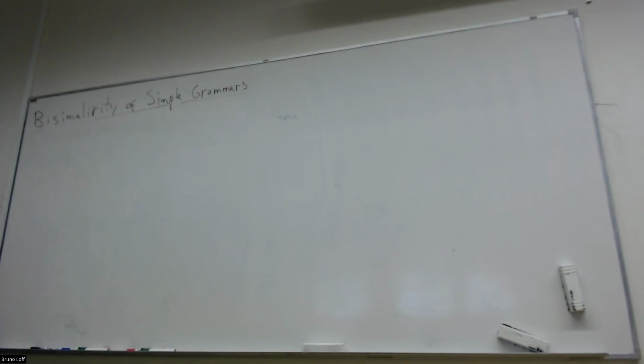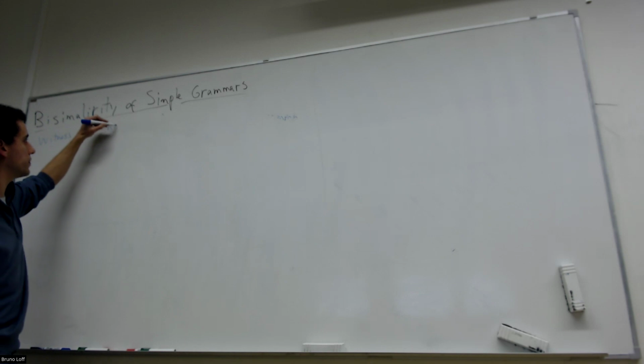So first, the first thing that I want to show you is that whenever two words are not bisimilar, there is actually a witness that they are not bisimilar. And the witness is essentially a path that you take from one word that you cannot take from the other word.